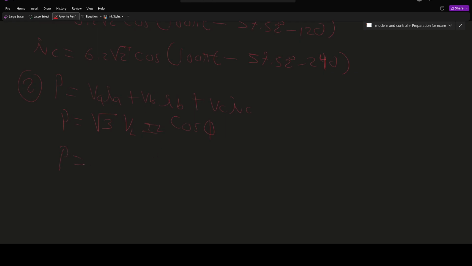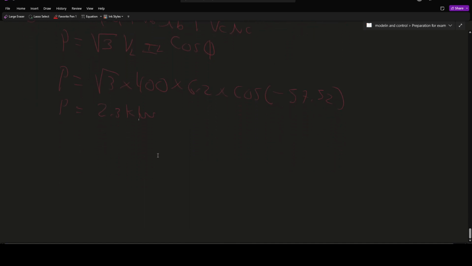Like this we can calculate the power easily. So we have 400, that's what they gave us, 6.2 is what we got for the current, and the cos of the angle, that's 52. And here we get that this is 2.3 kilowatts. So that's pretty simple.